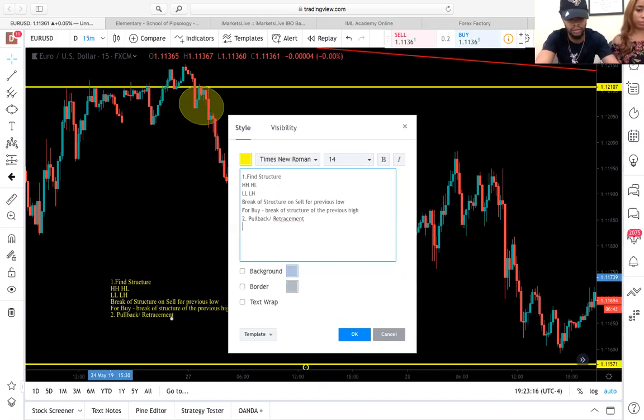For a sell, bearish, you sell at the top of the pullback. For a buy, you buy at the bottom of the pullback. Buy low, sell high.